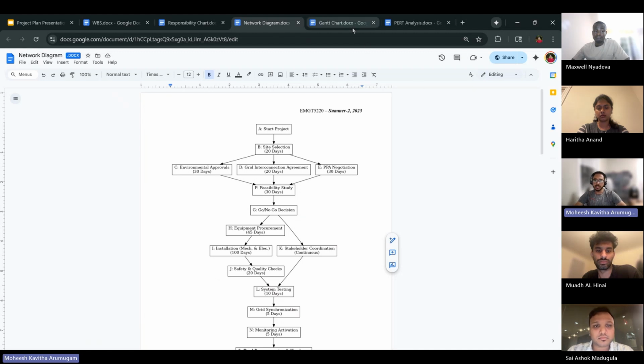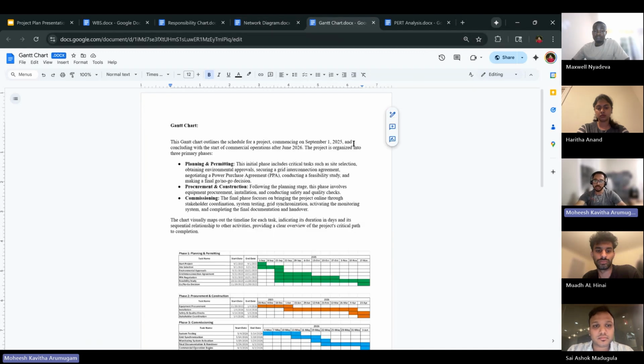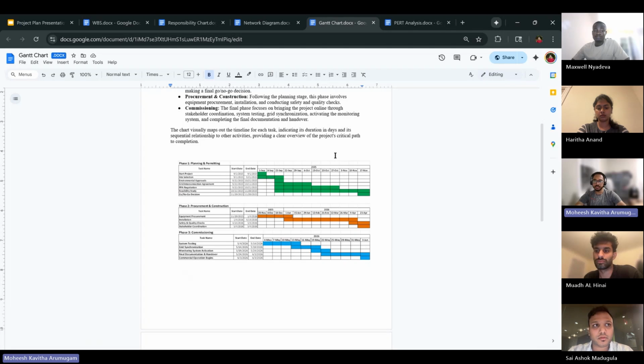The next is the Gantt chart, which provides the project schedule. It visually represents the timeline for every task, starting from September 1 through the completion of the project. Here you can see the duration and the sequence of activities across all three project phases.